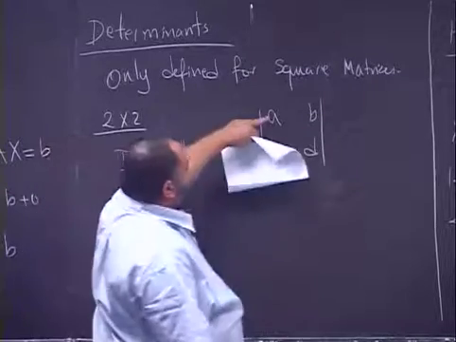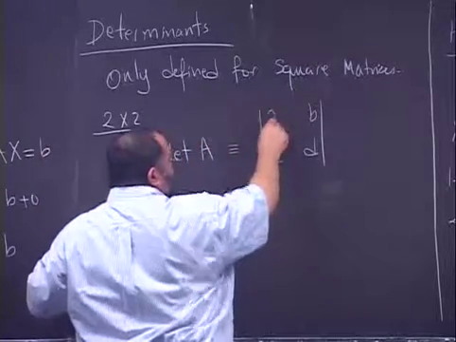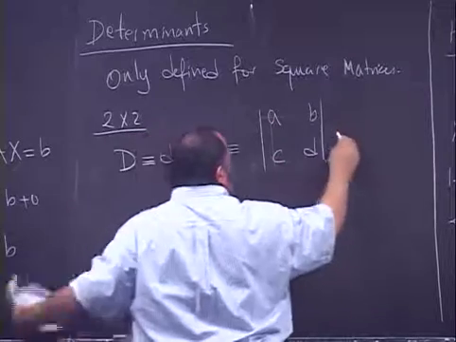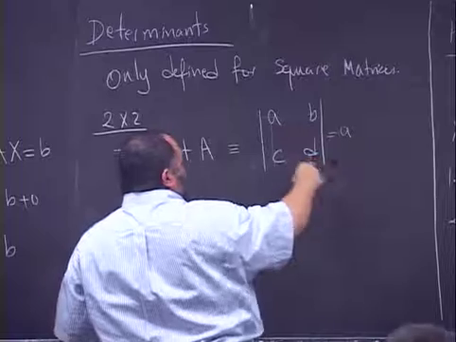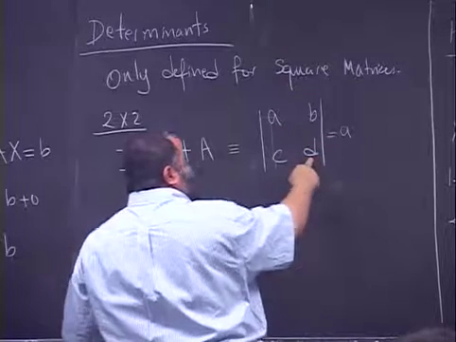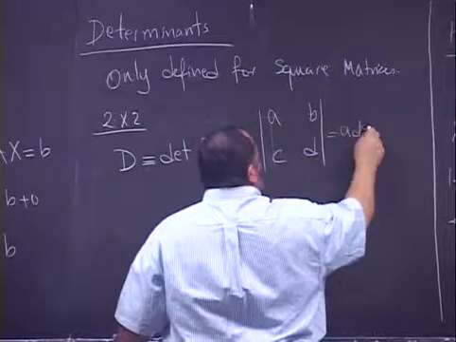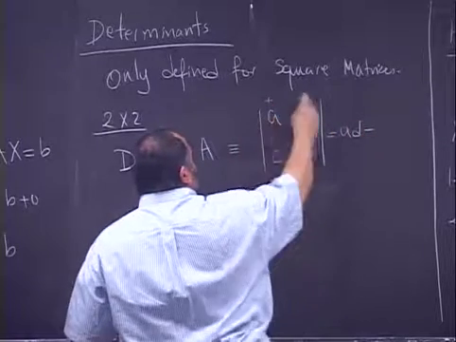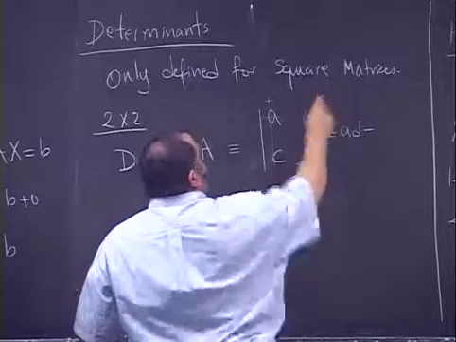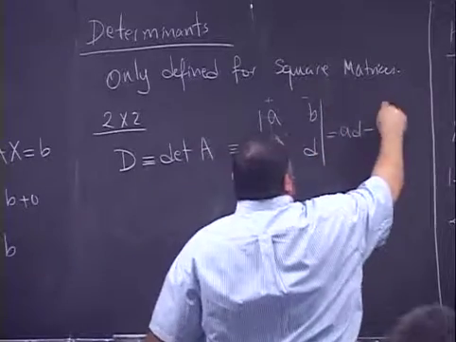You take the first element, A, and multiply it by the cofactor here, which is D. Usually you give a plus for the first one, minus for the second one, plus for the following, minus for the following, and so on.